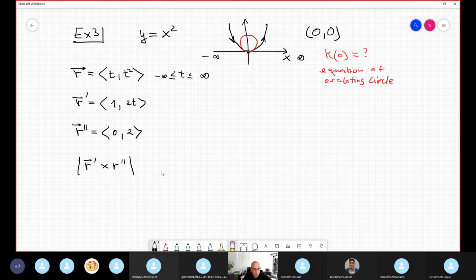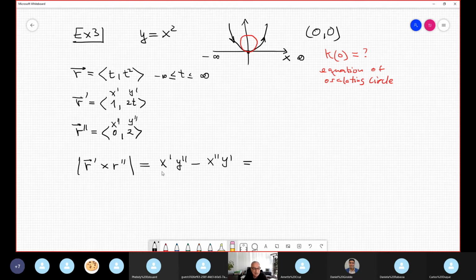The formula is x prime times y double prime minus x double prime times y prime. This is x prime, y prime. This is x double prime, and this is y double prime.